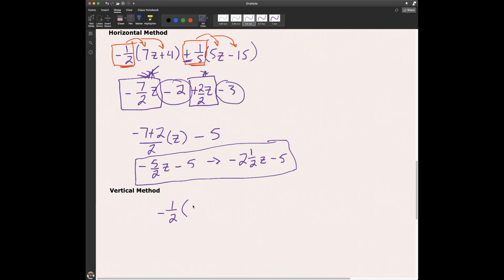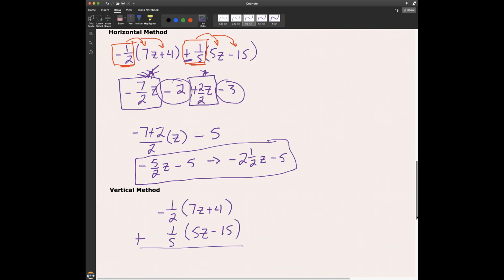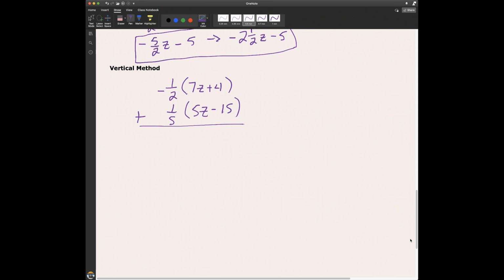That is 7z plus 4, and then I'm adding to it 1/5 times 5z minus 15. Okay, so let's go ahead and work the problem vertically. Again, I need to go ahead and use the distributive property just like I did above.